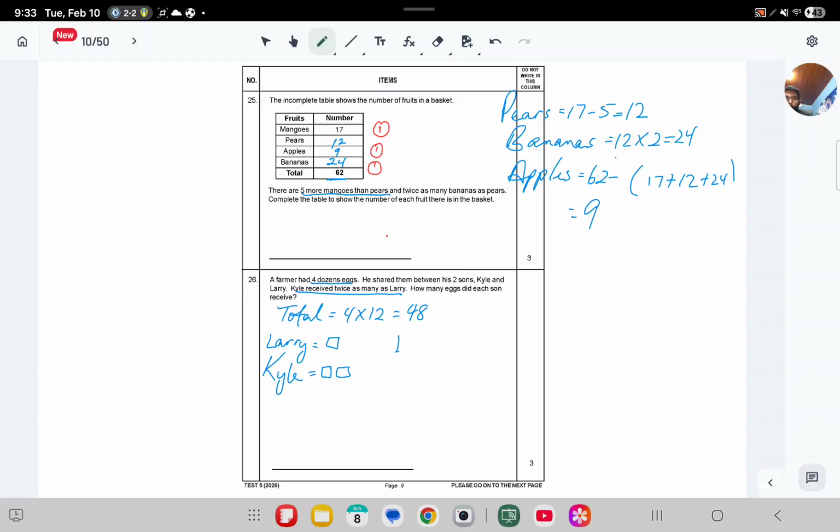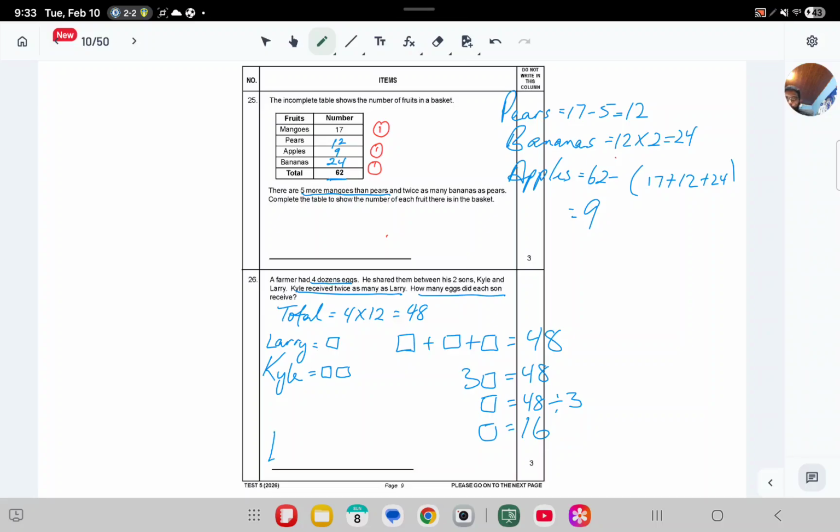So we know now when I add Larry's amount to Kyle's amount, we got a total of 48. So 1 block add 1 block add 1 block is 3 blocks, which is equal to 48. So 1 block is equal to 48 divided by 3, which is equal to 16. We said how many eggs did each son receive?